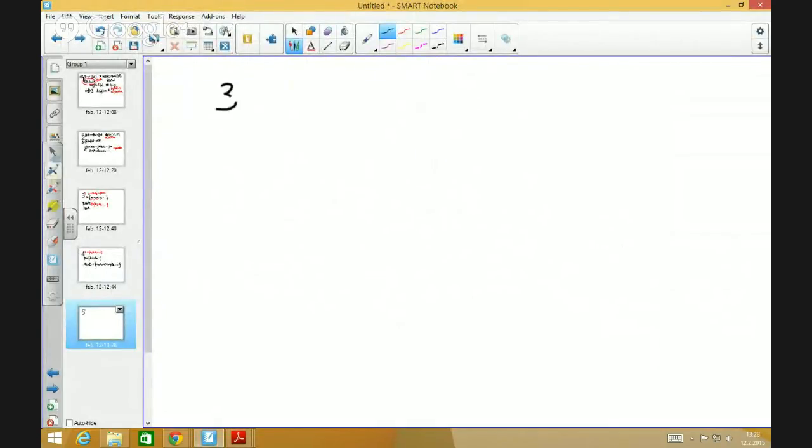If I write something like this, is this a linear system of equations? Somebody said no. Why not? Because there is an x squared there.